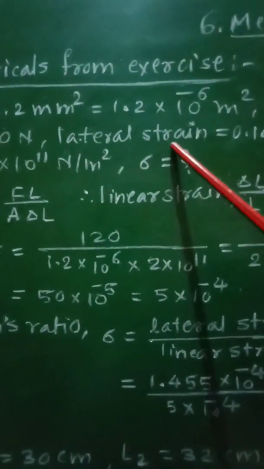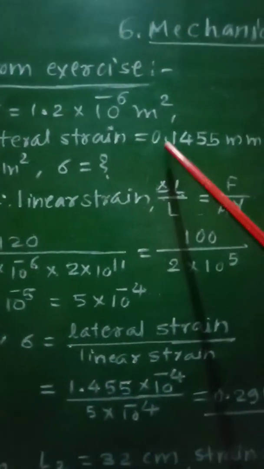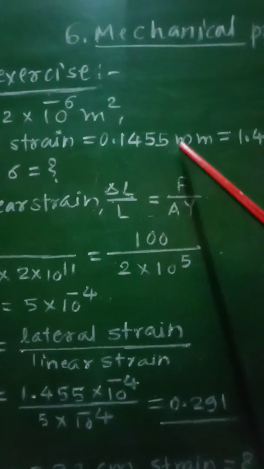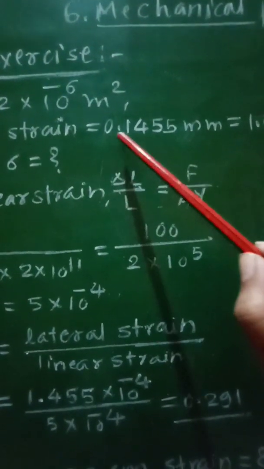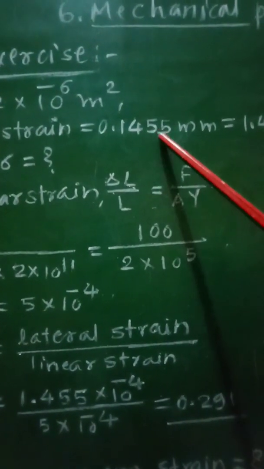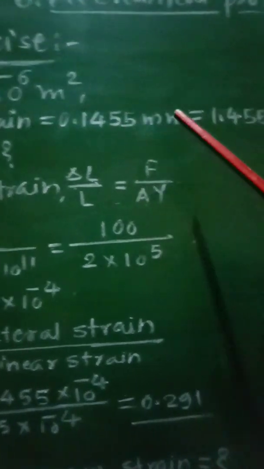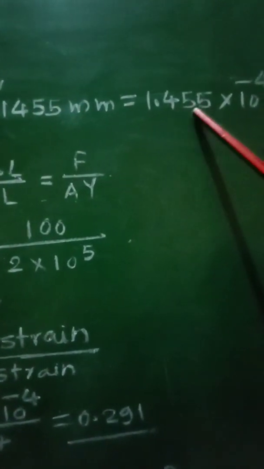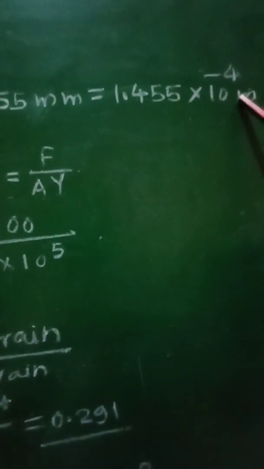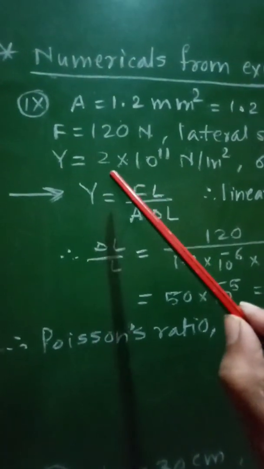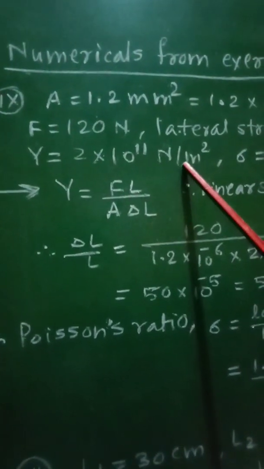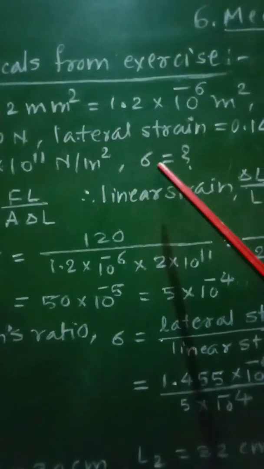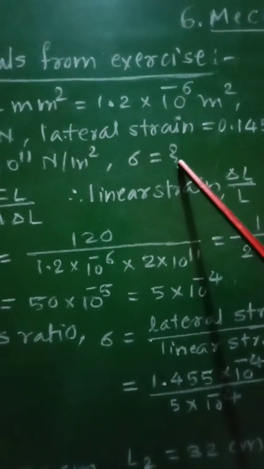Then lateral strain is given, that is 0.1455 mm, which will be converted into meter as 0.1455 into 10 raised to minus 3 or 1.455 into 10 raised to minus 4 meter. Then Young's modulus Y for steel is 2 into 10 raised to 11 Newton per meter square, and we have to find out Poisson's ratio sigma.